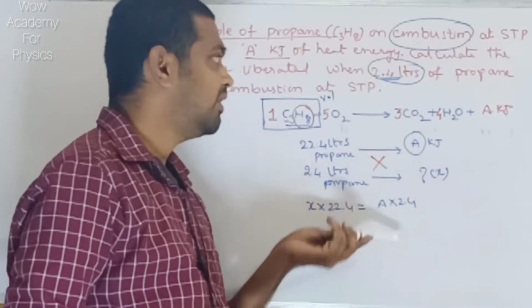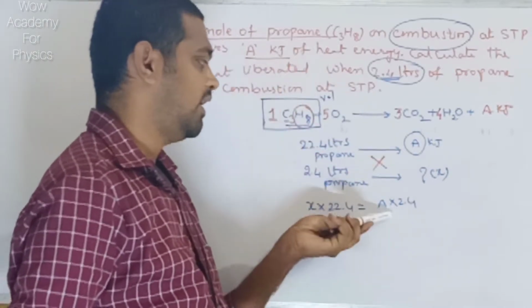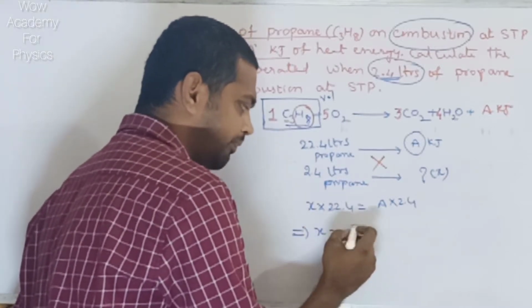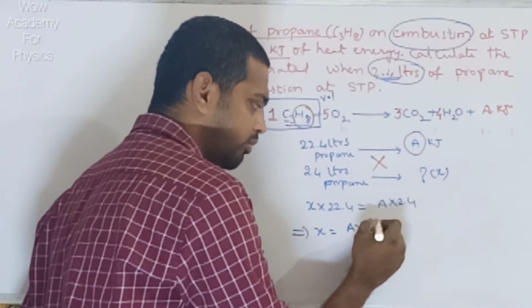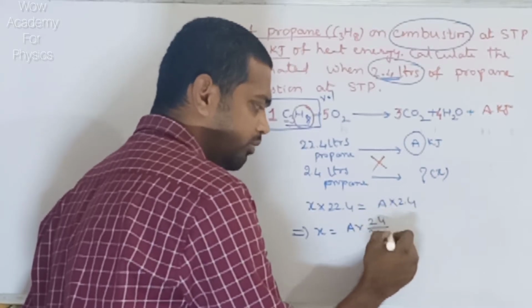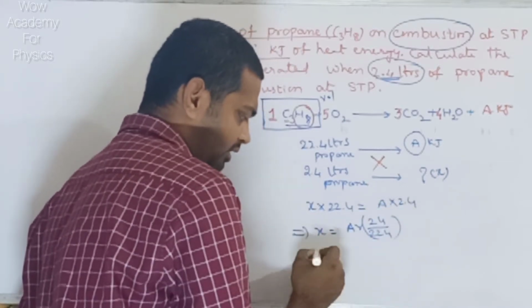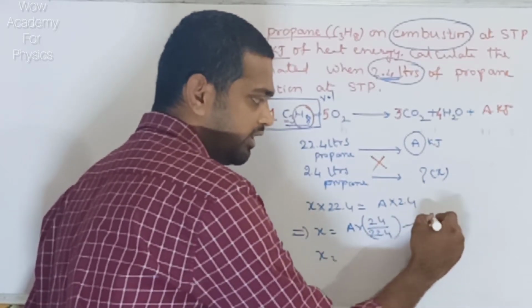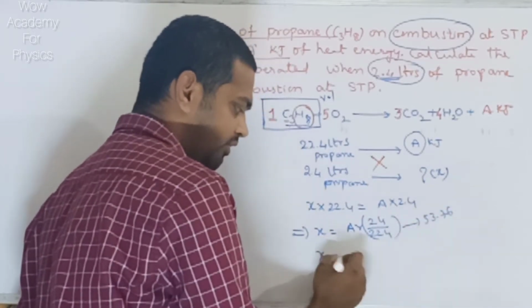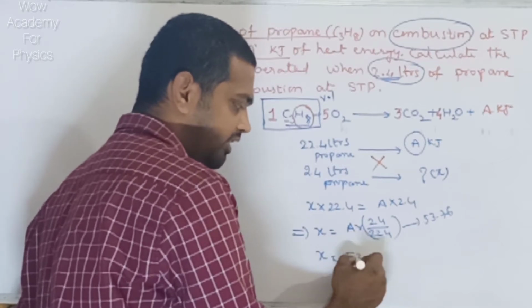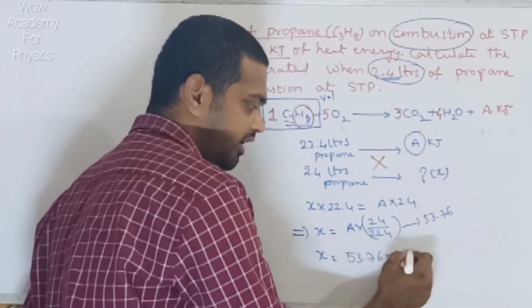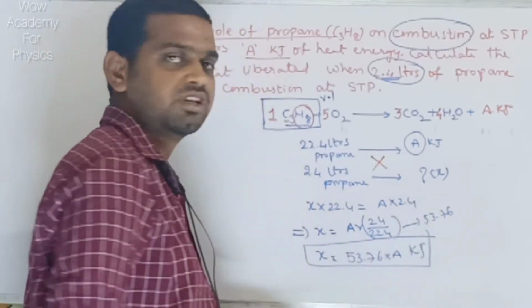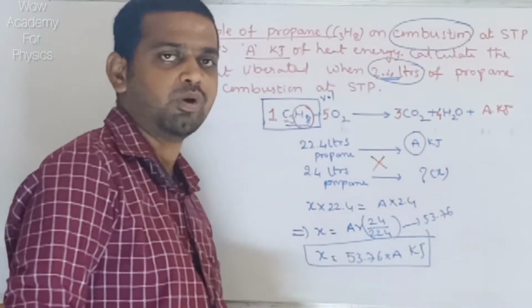So that implies X is equal to A times 2.4 divided by 22.4. This term you will get as 53.76. Therefore, X is equal to 53.76 times A kilojoules of heat energy will be liberated due to the combustion of 2.4 liters of propane. Thank you.